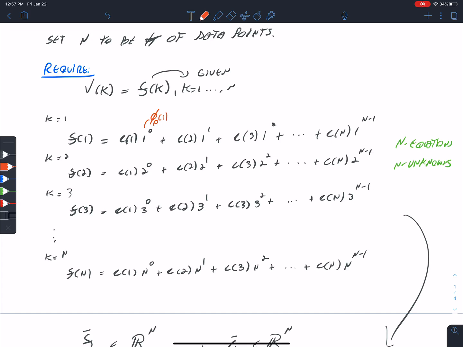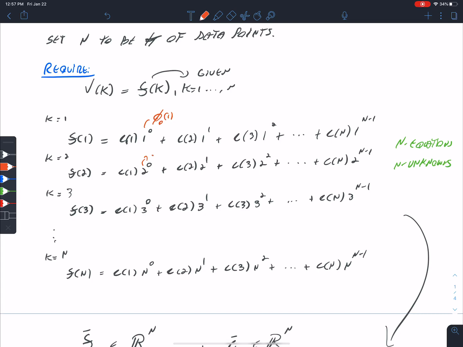Sorry, in this case p equals 0. So let me erase this. This is going to be phi 0 of 1.